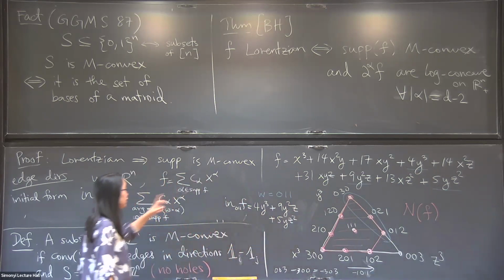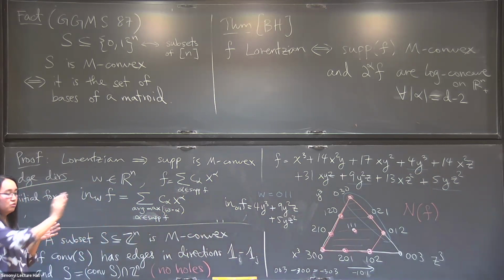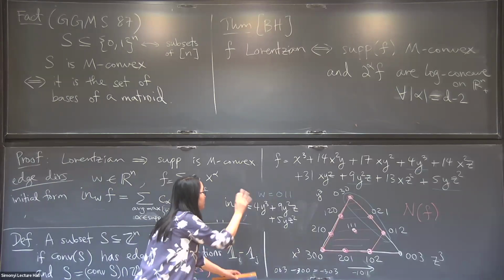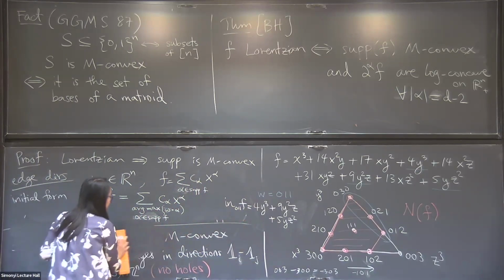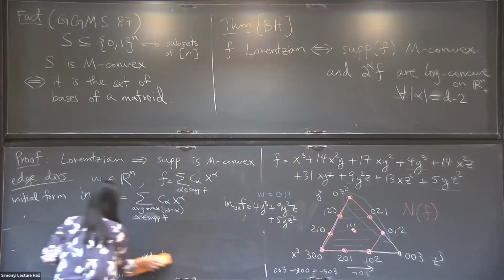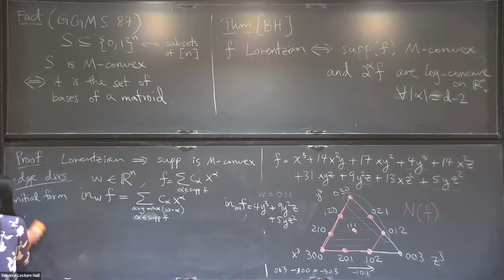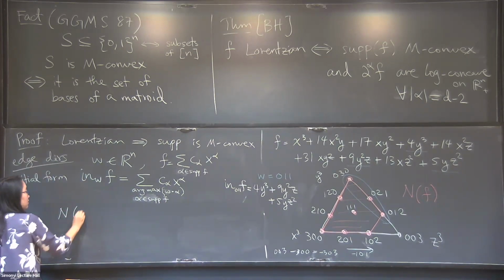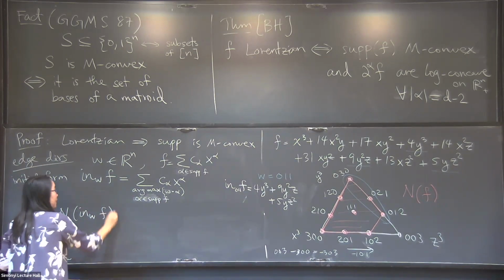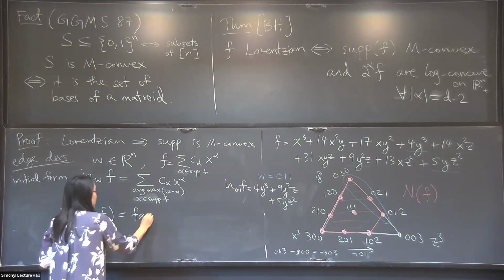These operations of taking initial forms allow you to pick out faces: polynomials whose Newton polytopes are faces of my original polytope. So I'll write that down. The Newton polytope of the initial form is equal to a face.